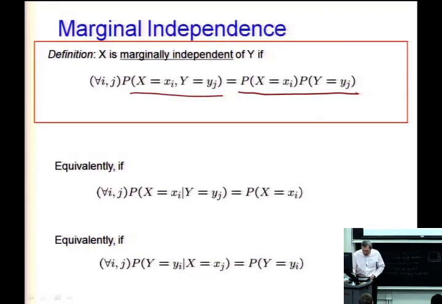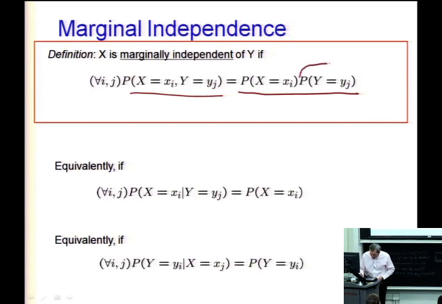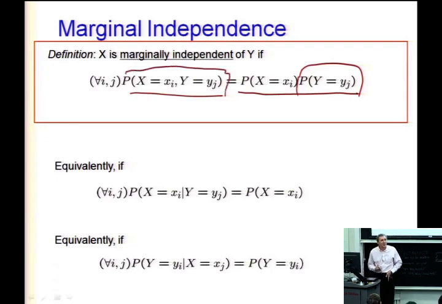Okay, and again, terminology-wise, we call these things marginals, in contrast to the joint distribution. Okay, so this is just to remind us all about conditional and marginal independence.